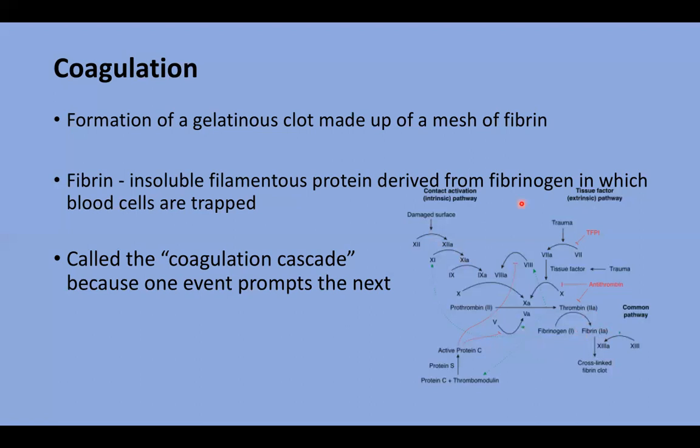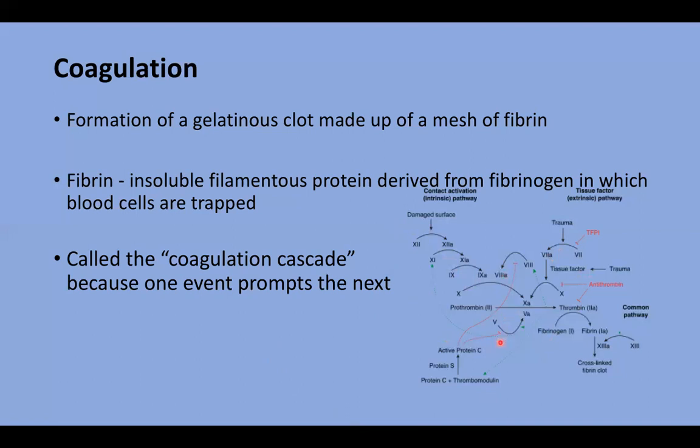So this whole thing is a big cluster when you look at it, but don't worry, I'm not going to make you learn this sort of thing. If I did, you'd just forget it immediately anyway. So why take up the space in your brain at this point in time? But I do want you to know that it's referred to as a coagulation cascade because one event is going to trigger another event, which triggers another event.